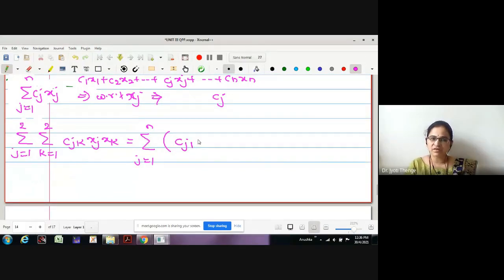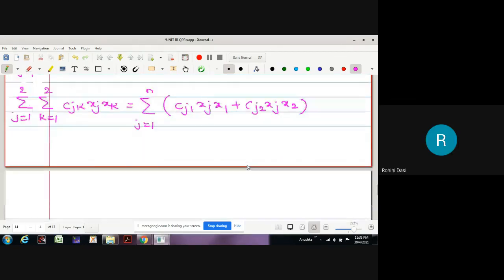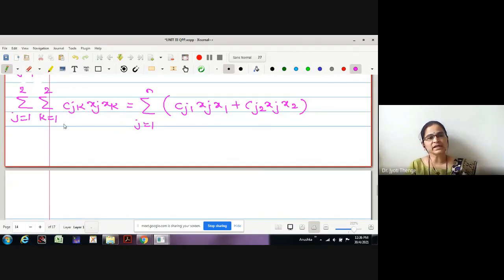It is cj1 xj x1 added with cj2 xj x2. Fine? Correct, no? Yes ma'am. Now, how many terms should there be in all in this double summation? Both parameters run from 1 to 2, so two values each. Therefore, may I say there should be 4 terms in this summation.